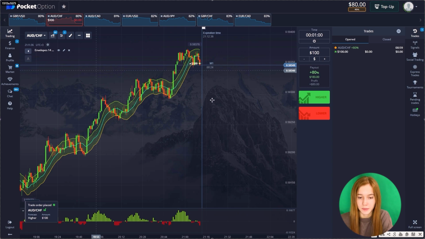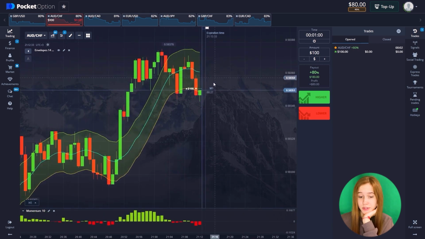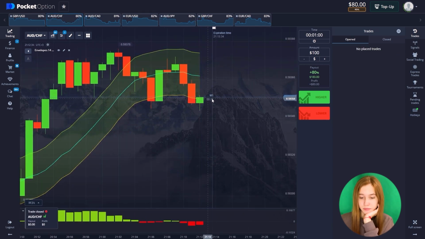Then what we see, let's indicate in the consolidation also, but a little drawdown. Next we will see what our indicator says to us. 4 seconds left until the end of the deal.